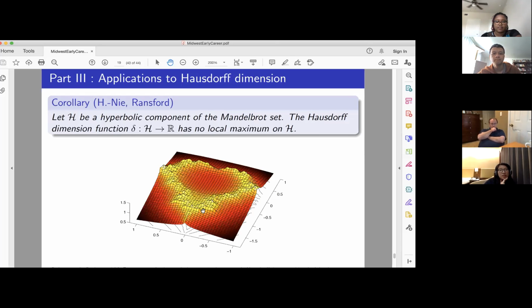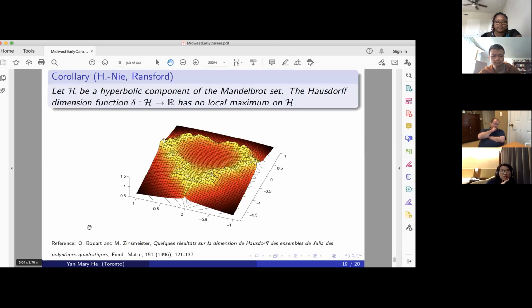But here is a picture from a paper of Beaudet and Zinsmeister, where they had a computer graph. They did the calculation numerically and plotted the Hausdorff dimension. For example, we want to understand the critical points of the Hausdorff dimension function on the main cardioid of the Mandelbrot set.